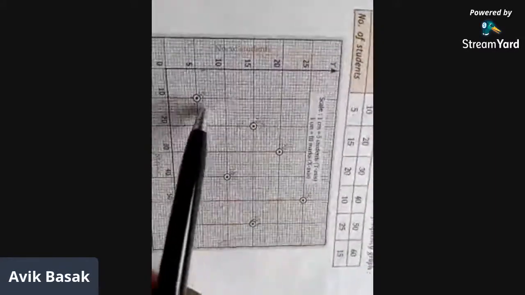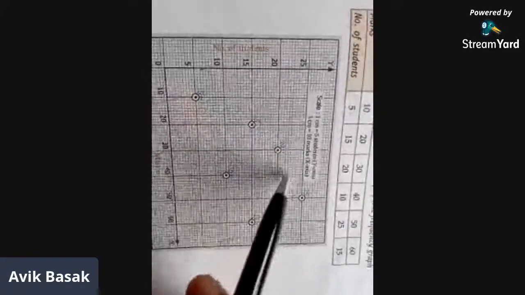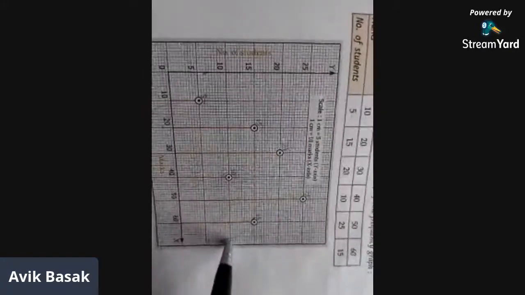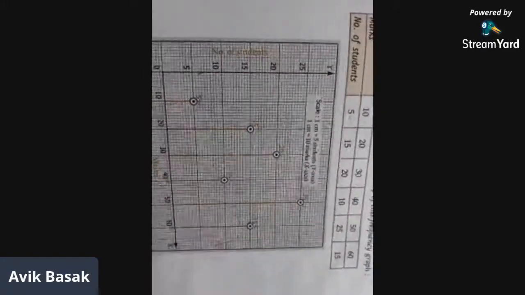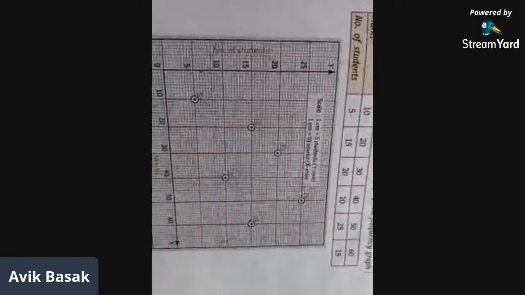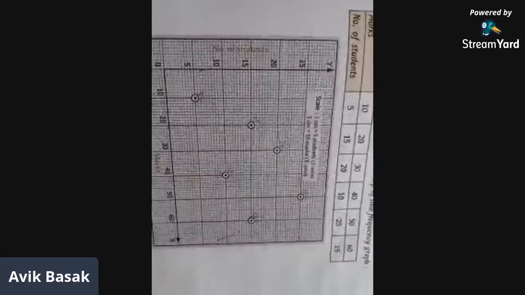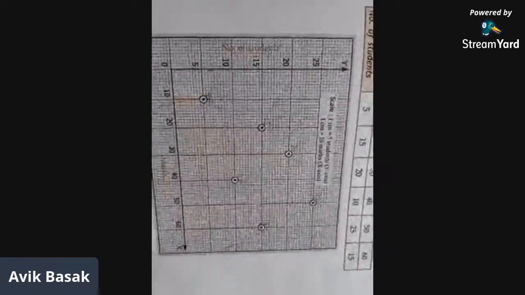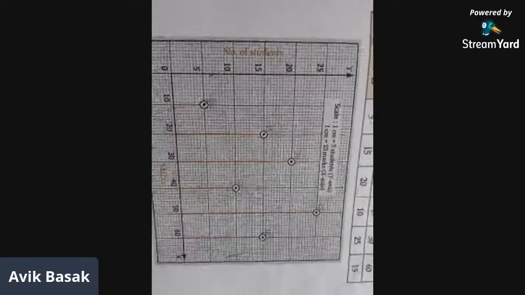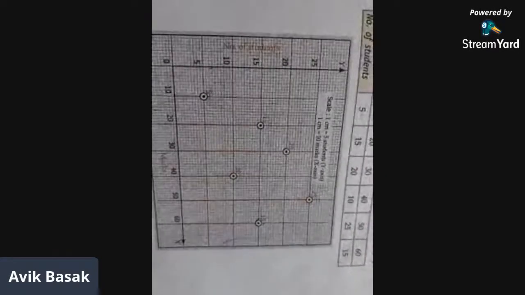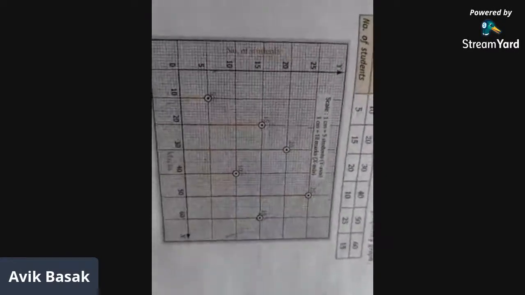Then it will also be easy for you to plot these dots. If you take 1 centimeter equal to 10 students, it will be very difficult to mark 5 students or 8 students; you would have to count the tiny small squares. So it is better to take whole numbers.